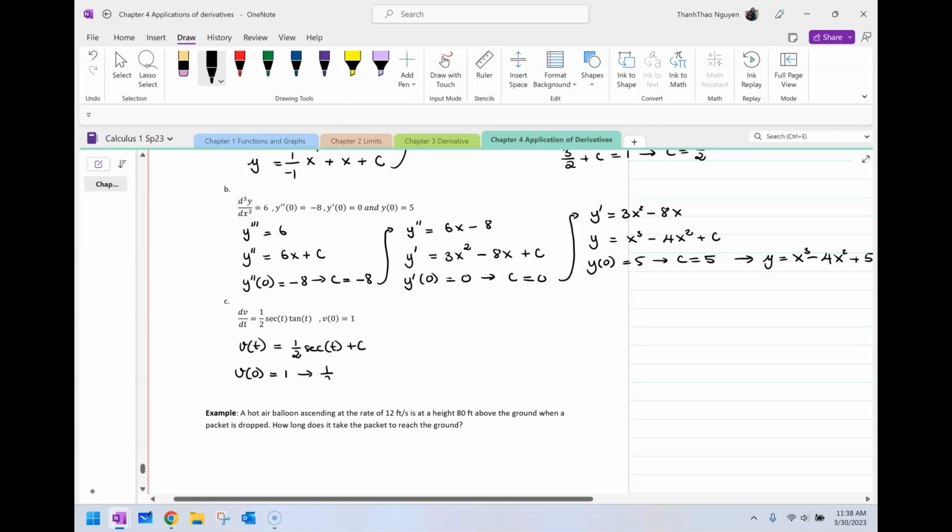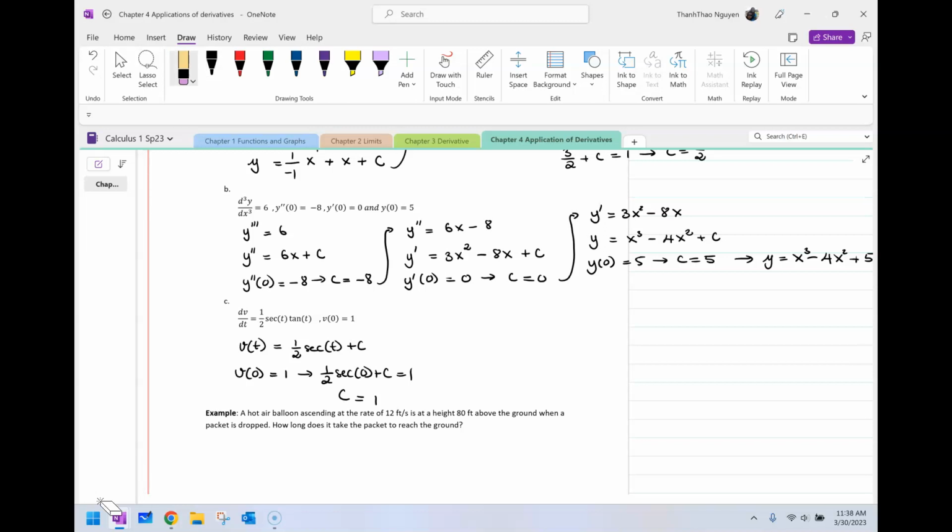This means 1/2 times secant of 0 plus c equals 1. So c equals 1/2 in this case. Okay, so then the velocity function is equal to 1/2 secant of t plus a half.